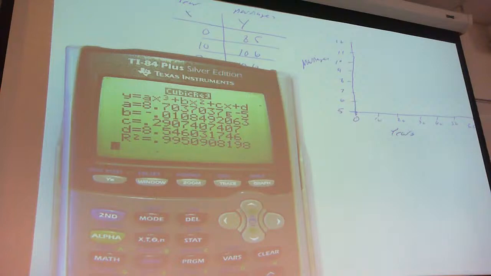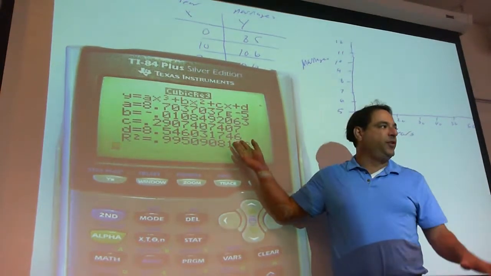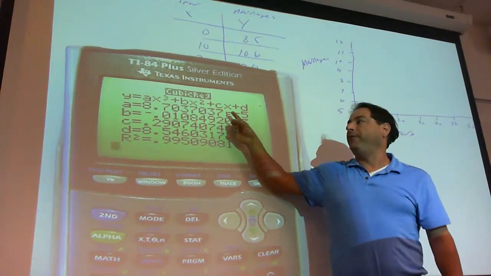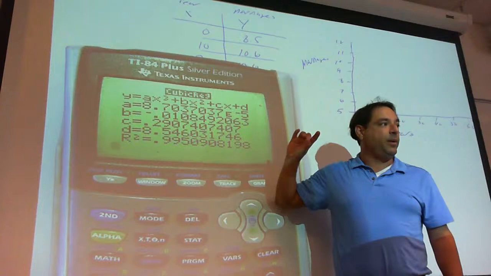Everybody got this? Okay, now if you're missing the R squared, that's when we turn the diagnostic on. We'll review that later. I'll help you one by one. Okay, but for right now, does everyone have A, B, C, and D? And are they the same number?